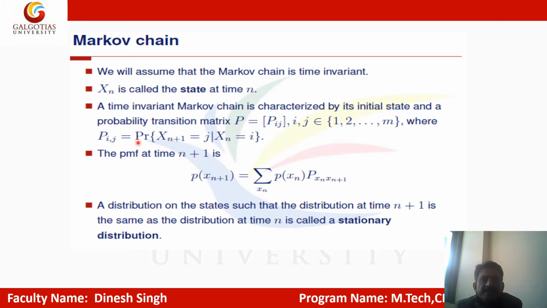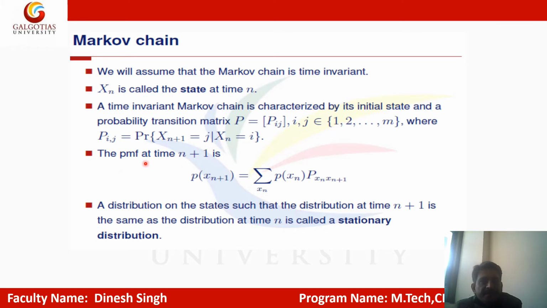A time invariant Markov chain is characterized by its initial state and probability transition matrix, that is PTM, P equal to Pij, where i, j go from 1 to m, where Pij is equal to the probability that X of n plus 1 is j given X of n is i.